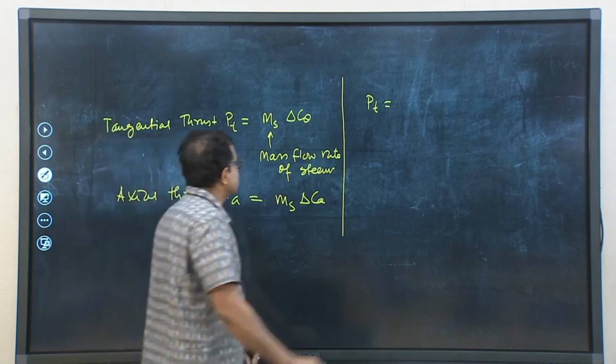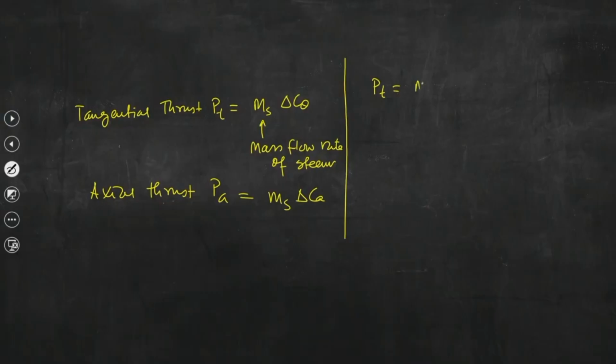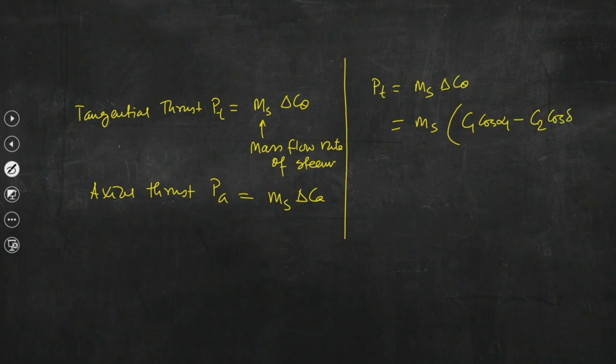So, Pt equal to ms into delta C theta, and this is ms into, we had seen that, C1 cos alpha 1 minus C2 cos delta, right, that is what we have expressed.